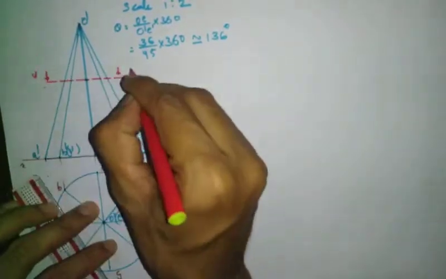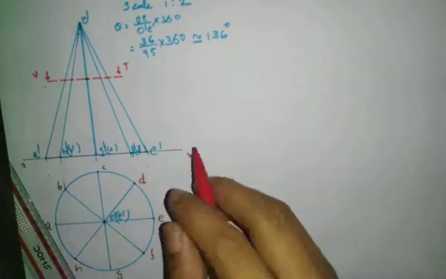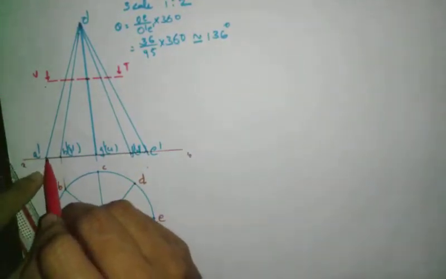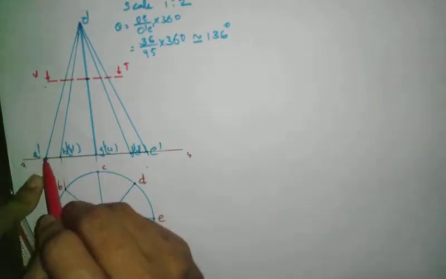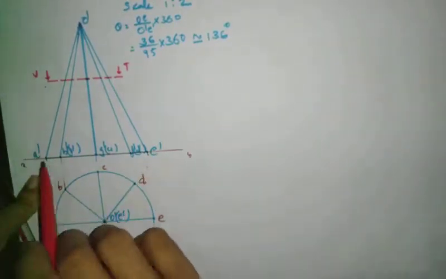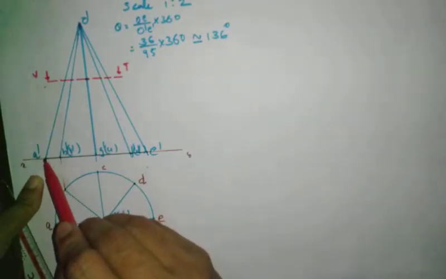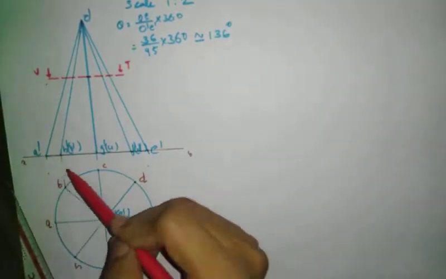Here it is VT. Now the next section plane is passing through one of the extremities, which means we can start from this point. These are the two extreme points of this cone in the front view, A dash and E dash. I am starting from this point. The section plane inclination is 30 degrees.